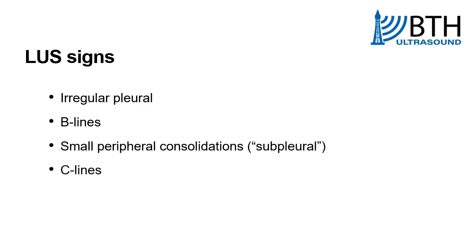You get what's called C-lines. So these are comet tail artifacts, just like B-lines, but these don't necessarily come from the pleura, whereas B-lines have to originate from an intact pleura. C-lines don't, and they tend to come off areas of consolidation. And then you get much larger consolidations themselves developing. And in some cases, small pleural effusions, although that doesn't seem to be a huge component of the COVID-19 disease process.